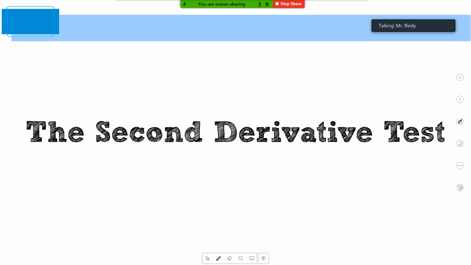Okay? So the second derivative test works like this. Let's suppose I have a function that's concave down, and I have a critical number on it. Okay, so that critical number is going to be where the tangent line equals 0. From my picture alone, I hope you would recognize that that must be a maximum. Okay, so what's happening here?